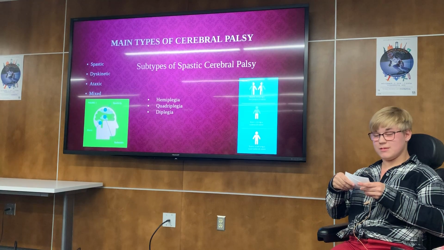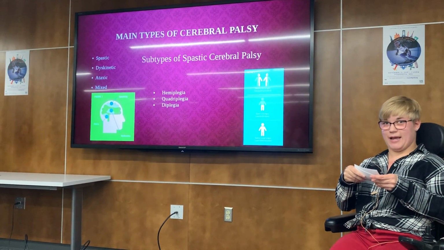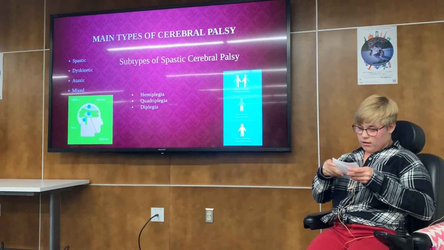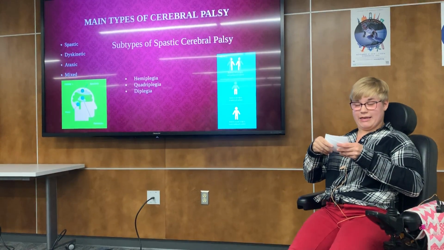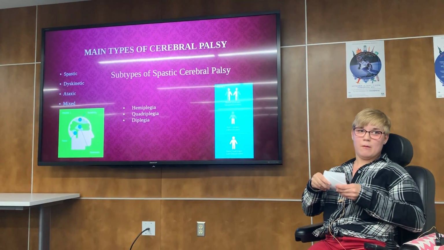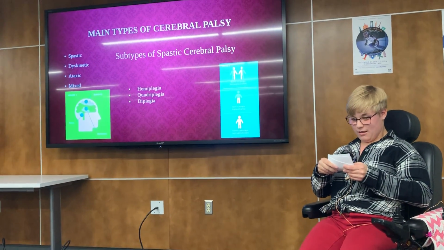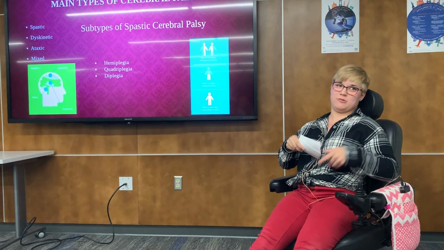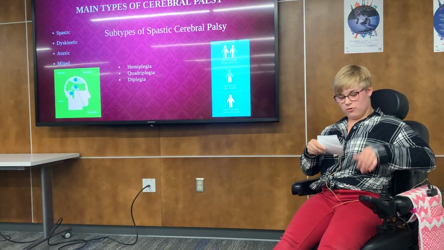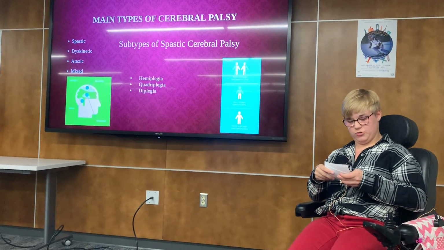The third subtype of spastic CP is spastic diplegia. It again affects all 4 limbs, but the lower limbs are dramatically more affected than the upper limbs. This information was found in the textbook, Medical and Psychosocial Problems in the Classroom.